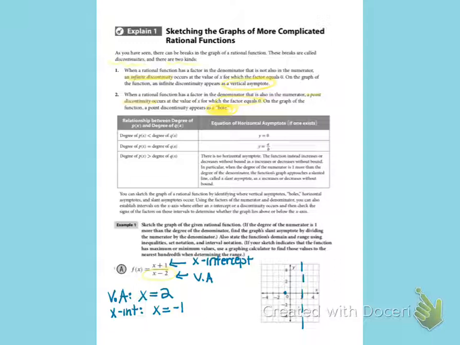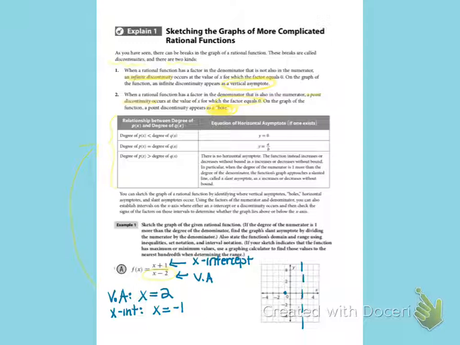Now another really important feature is whether this graph has a horizontal asymptote or not. And if it doesn't, it could possibly have what's called a slant asymptote. How we would be able to tell if this had a horizontal asymptote to begin with is we're going to look at this table right up top here, which tells us how to compare the numerator and the denominator.